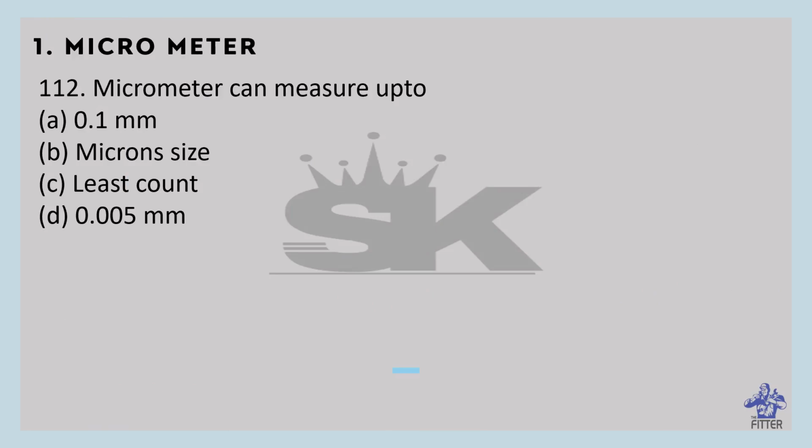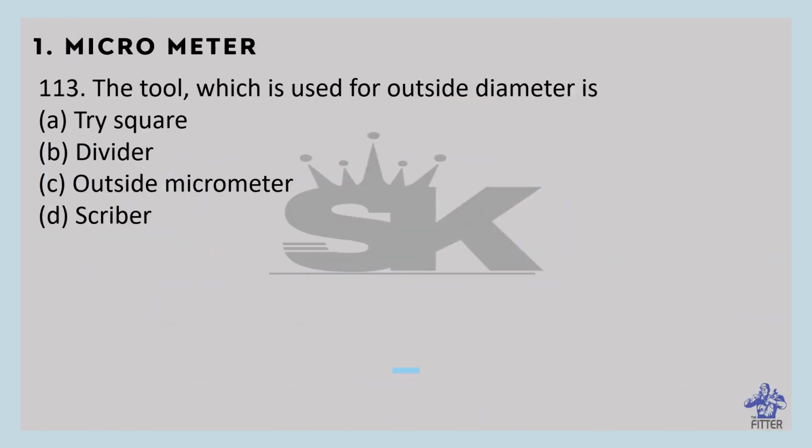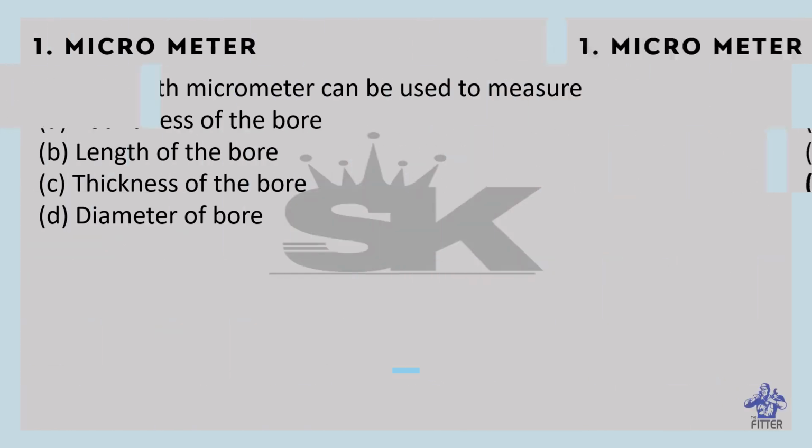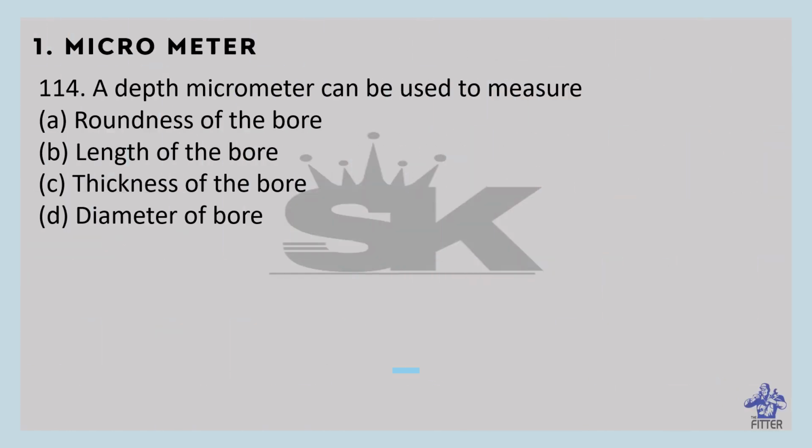Micrometer can measure up to least count. You may get confused, but here it is a simple one, right? The tool which is used for outside diameter is outside micrometer. A depth micrometer can be used to measure the length of the bore.